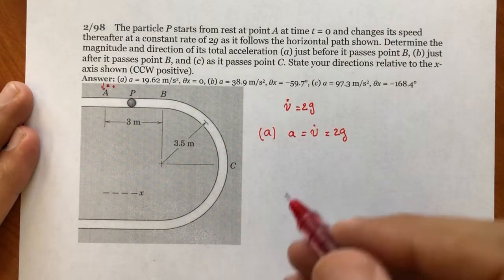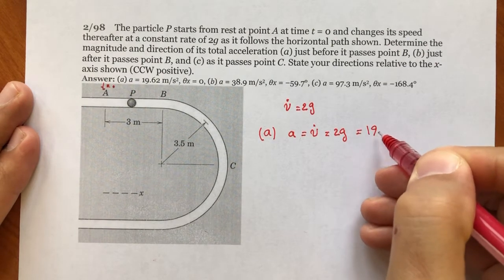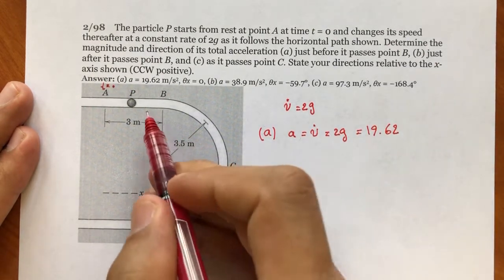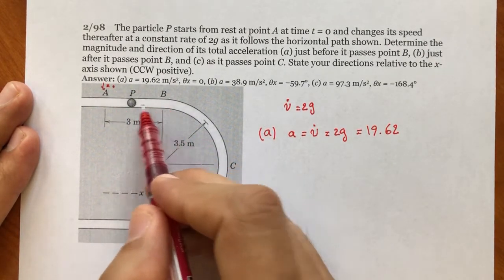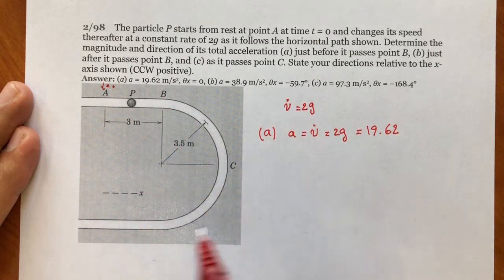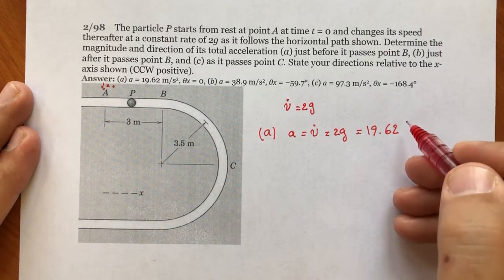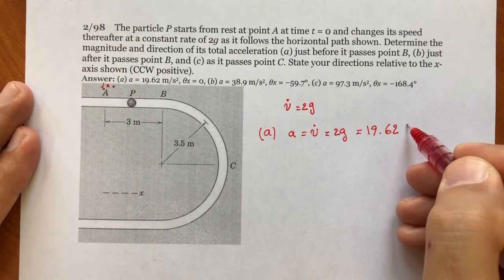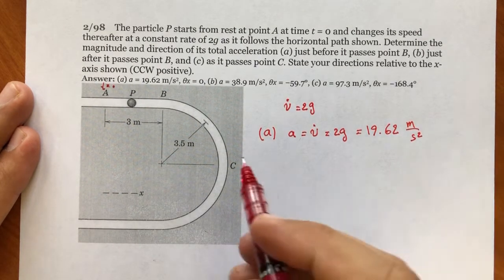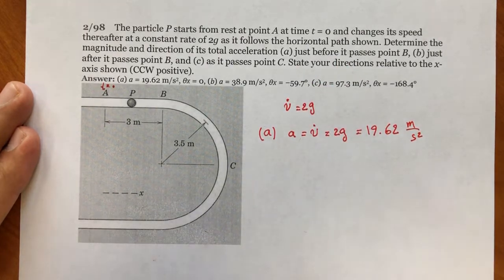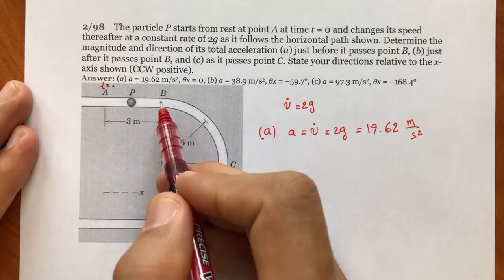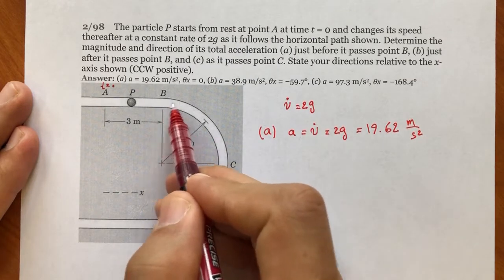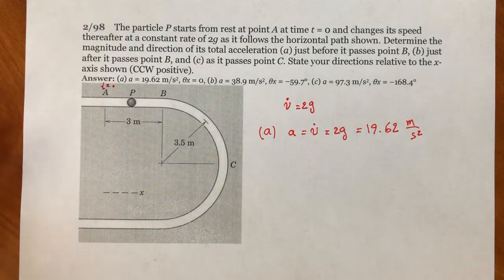So it's going to be 19.62 meters per second squared. Because there is no curve, acceleration is going to be just on this straight line. There is no perpendicular acceleration. And also the question is asking about the direction of it, which I'll let you figure out yourself. But for the first part, the direction is going to be just in the horizontal direction.